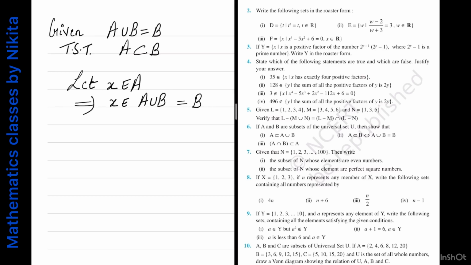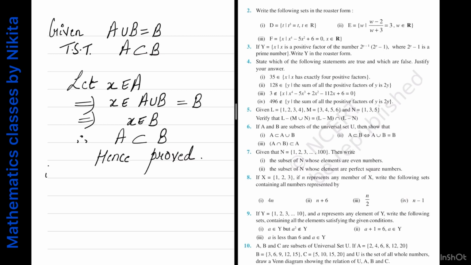A union B is given to be B. So this implies x belongs to B. So therefore A is contained in B. Hence proved. The proof was very easy.